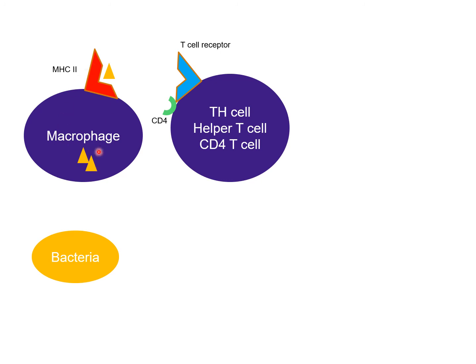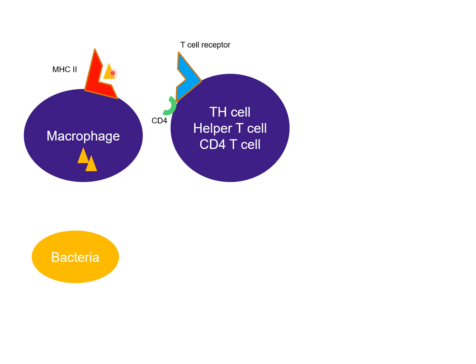On the surface of the macrophage, there is a receptor, and that receptor is known as MHC2. What the macrophage does is it takes a piece of that antigen of the bacteria, and it presents it on its surface, and it fits it into its MHC2 receptor.